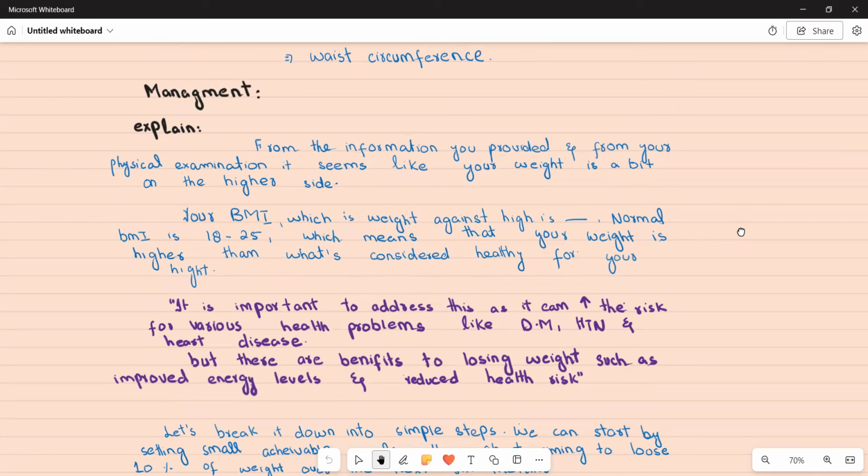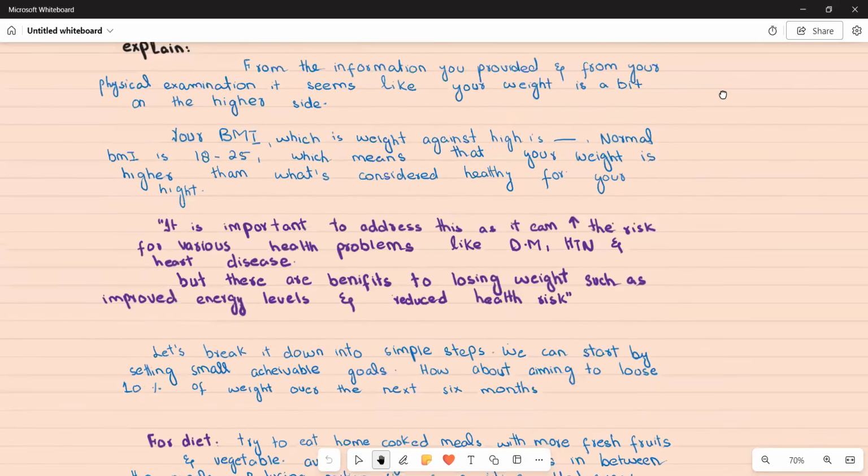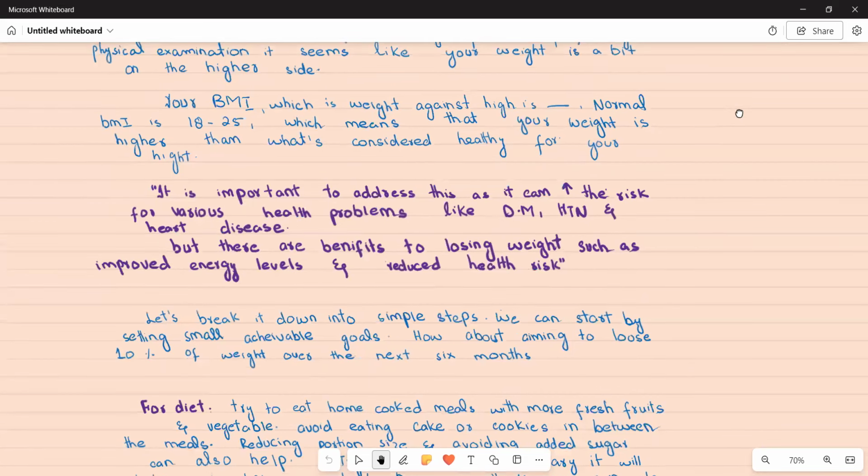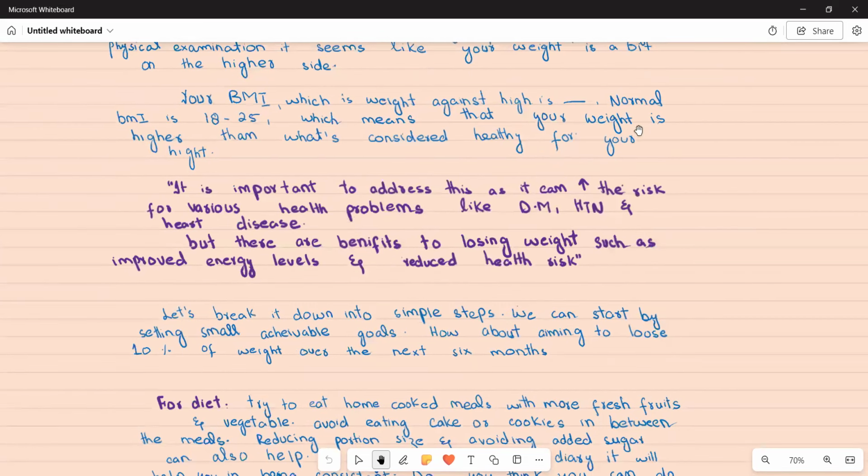Now, in counseling, what do we do? We are going to tell them the benefits of weight loss and the harmful impact of weight gain. So you explain the condition, now you are telling them risk versus benefit. It is important to address this increased BMI because it can increase the risk for various health problems like diabetes mellitus, hypertension, and heart disease.